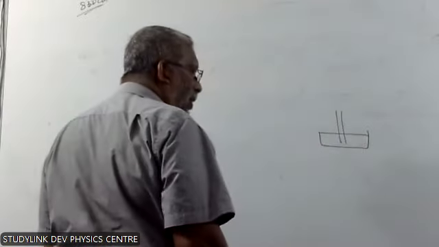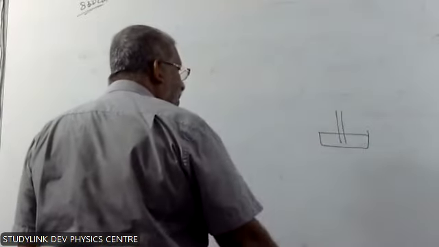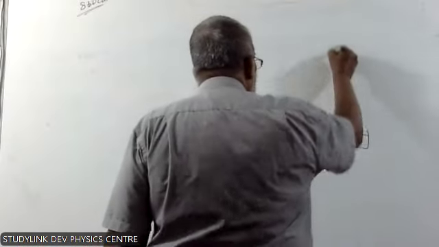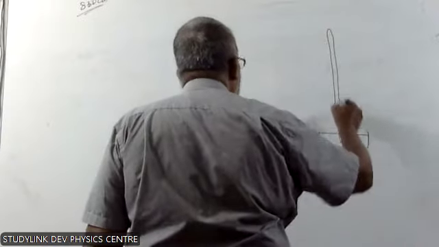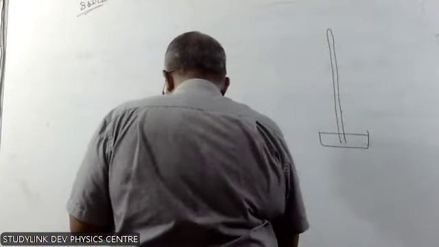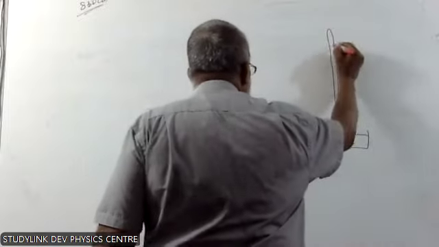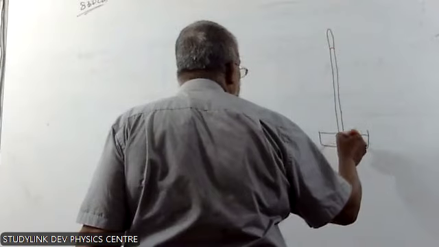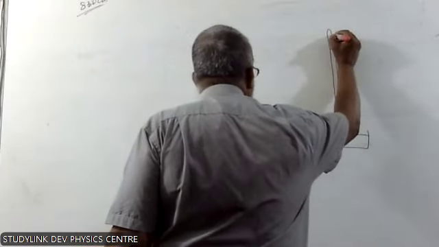A mercury bowl means it's just like a beaker. Then the upper end is closed. Mercury falls and stays here. This is hydrostatics, but I will just remind you about this. Then here you get a vacuum.